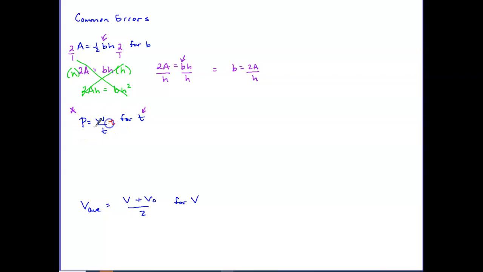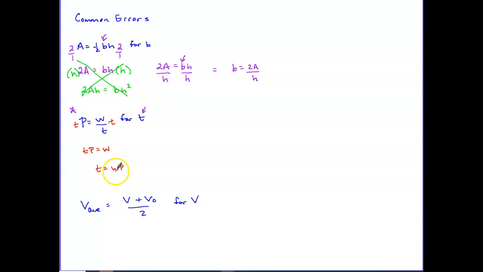They didn't show their steps, so I'm not sure. And then they had tp equals w. And then they said, I'm just going to move that p over there and get t equals wp.